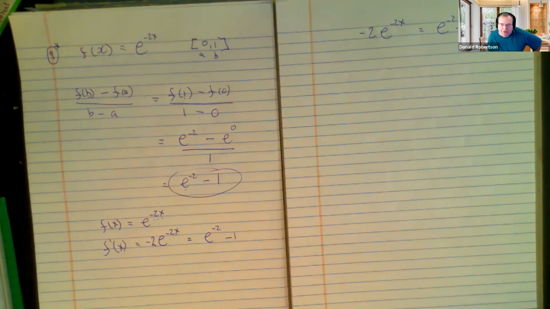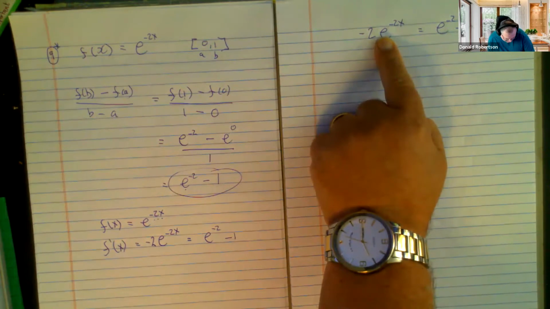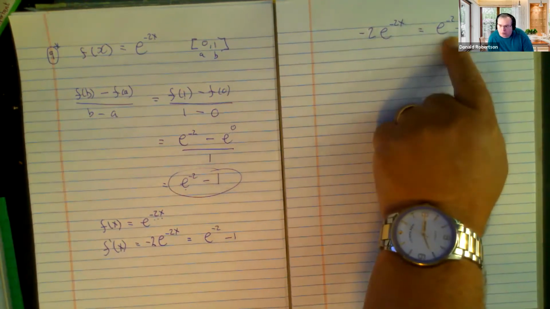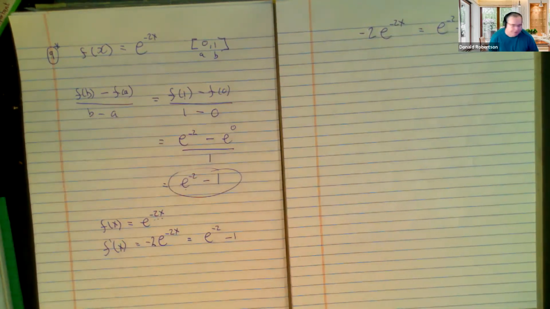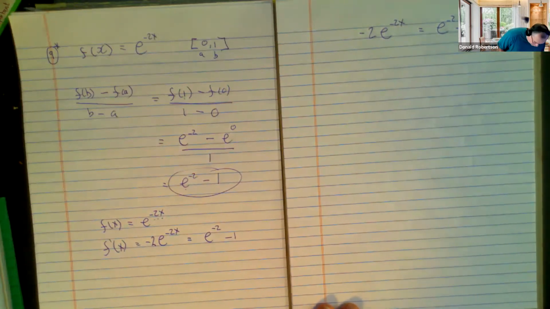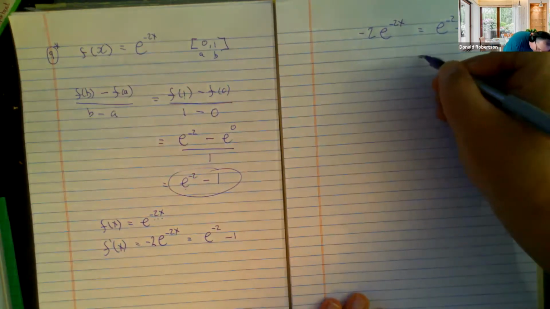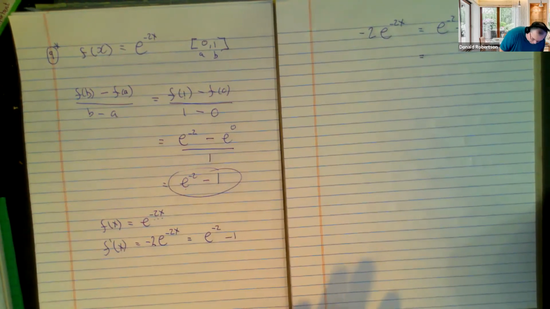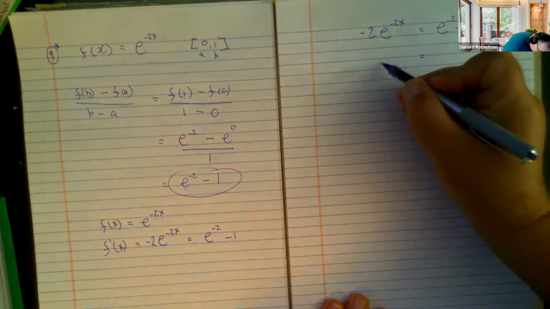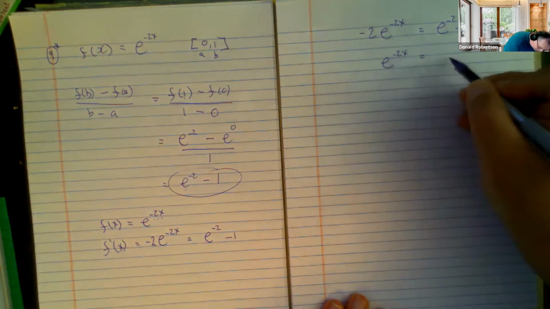Now, I could simply just plug it in Desmos and see when does a curve y equal that, meet up with a horizontal line equal to that, and it would tell me 0.12345. I don't want that. We want an exact value, which makes things more difficult, but still doable. In this case, I'm going to do, as long as you do it to both sides, it's okay rule. So I'm going to divide both sides by negative 2.